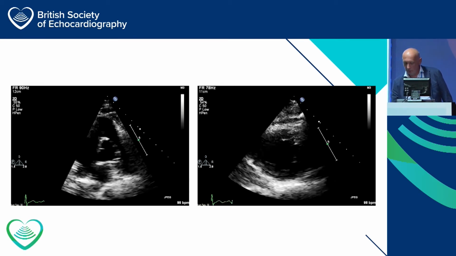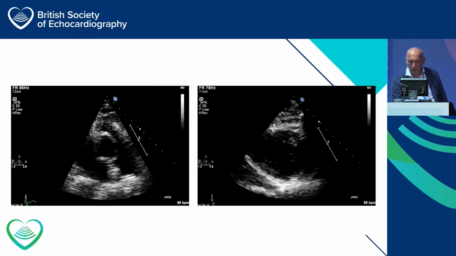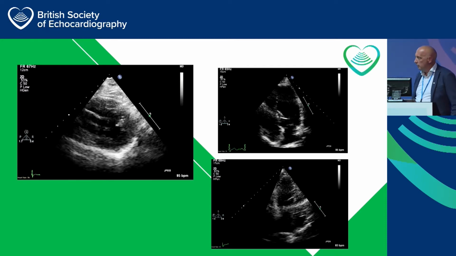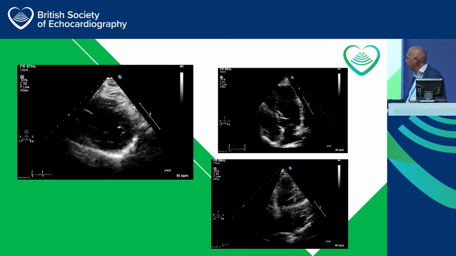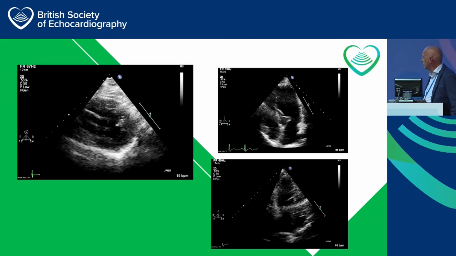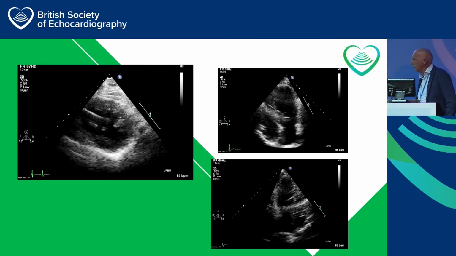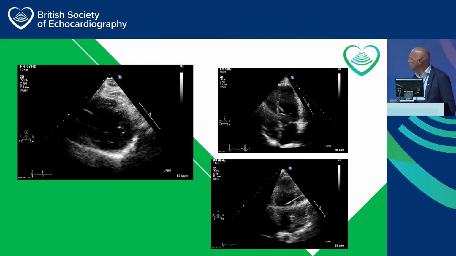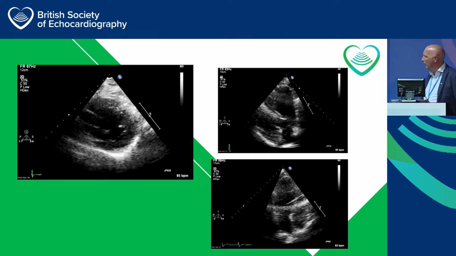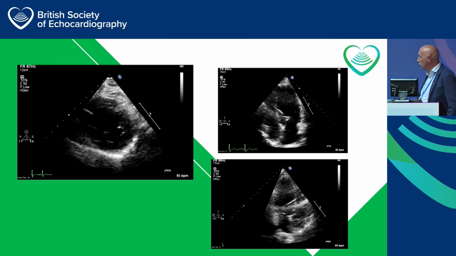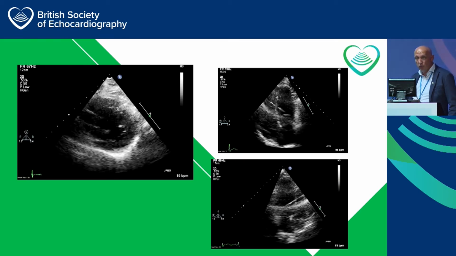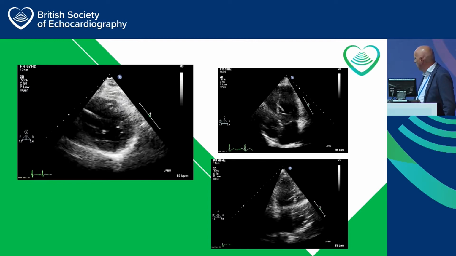A little bit off axis, and you go and have a look at something else. So this is a slightly different rib space in a slightly different place, and it's a parasternal short axis. And this is a 4-chamber view, and this is a 2-chamber view. And now you can see there is a clear, very bright echo-reflective structure here, here, transversing the right ventricle into the left ventricle, and here.